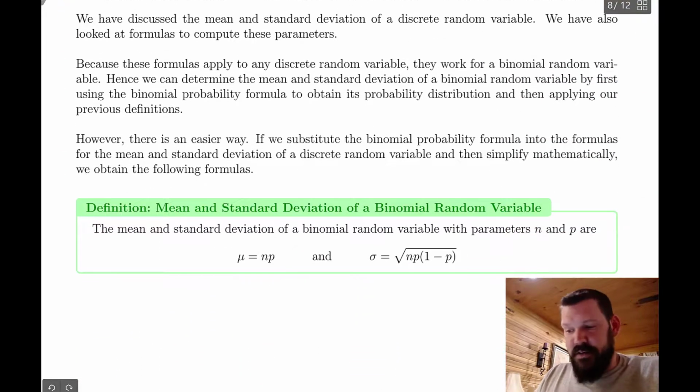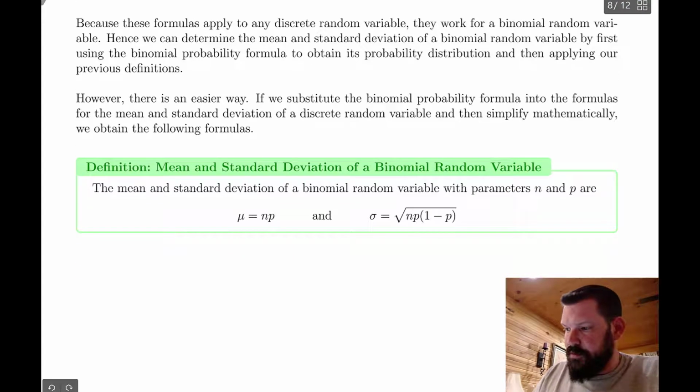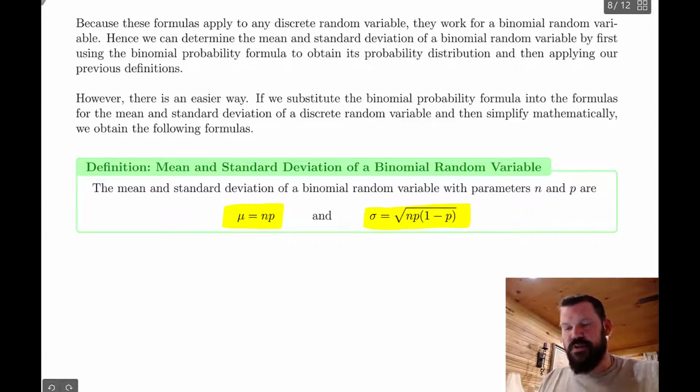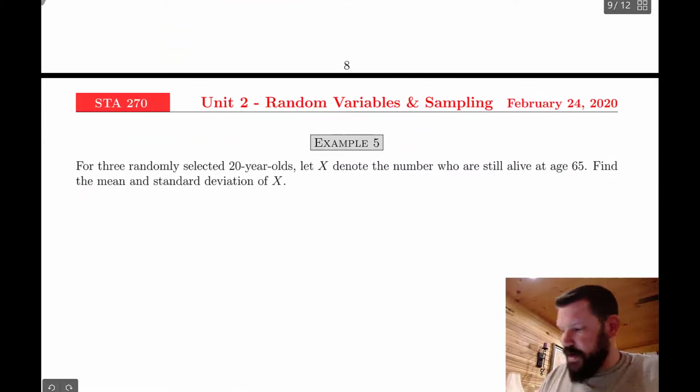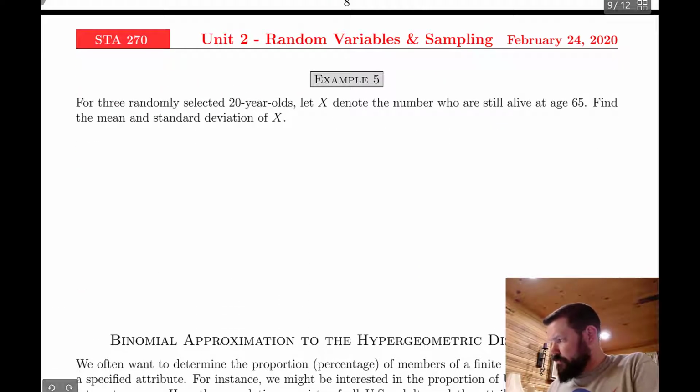Mean and standard deviation of a binomial random variable. There are 2 formulas here. Mu is the number of trials times the probability, and sigma is the square root of the number of trials times the probability of success times the probability of failure. We're going to see that in example 5, and this will be the end of this set of notes.